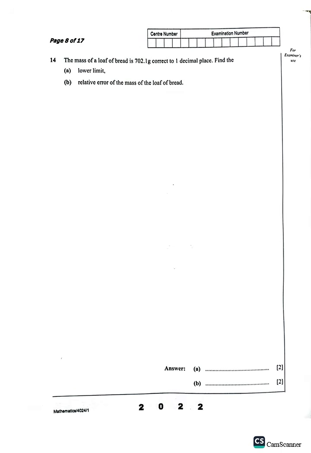Okay, so now let's move on to question 14. The mass of a loaf of bread is 702.1 grams, correct to one decimal place. Let's find the lower limit. So the lower limit can be found by this recorded value minus the absolute error. So what's our absolute error?